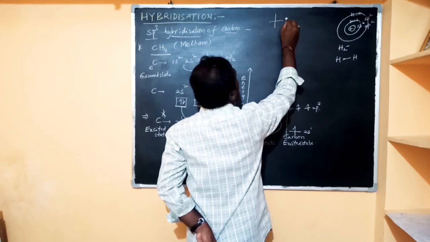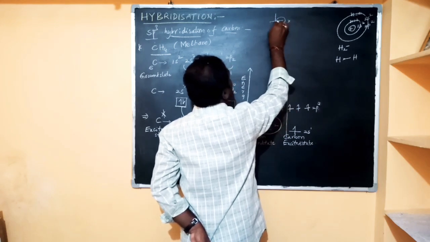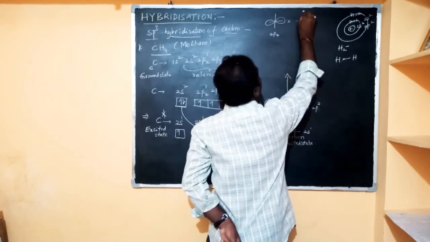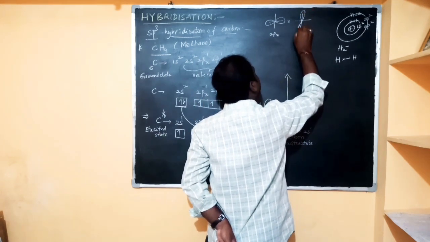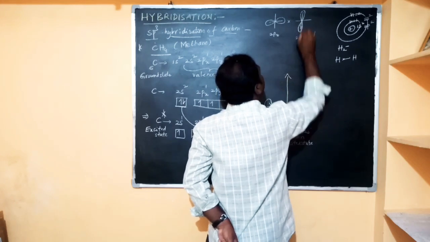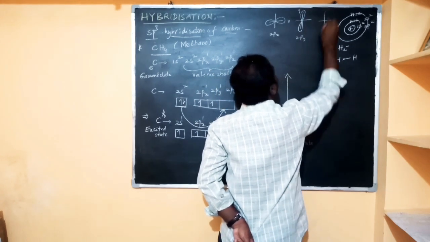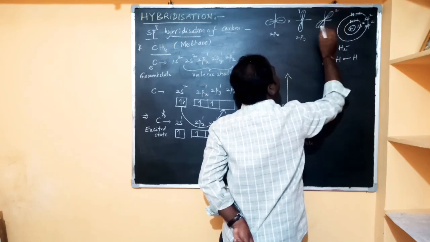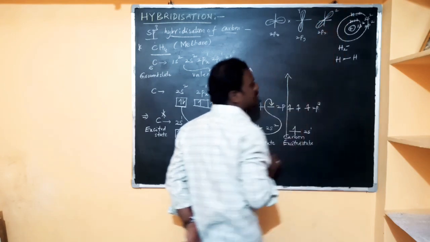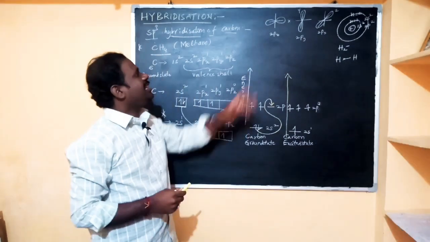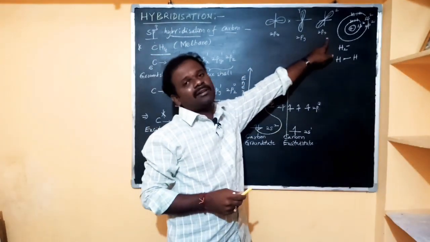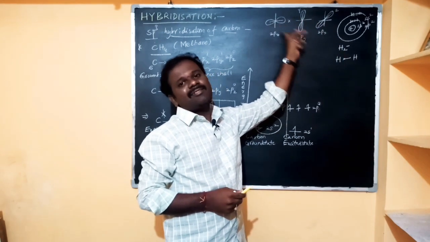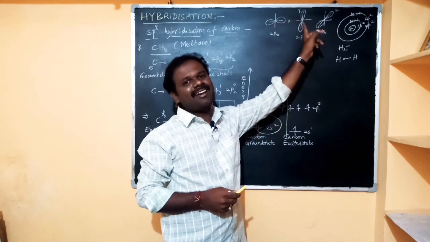For example, this is the x-axis, 2px, and 2py, and on the z-axis there will be 2pz. These three p orbitals are perpendicular to each other, so what is the angle between them? That is 90 degrees.